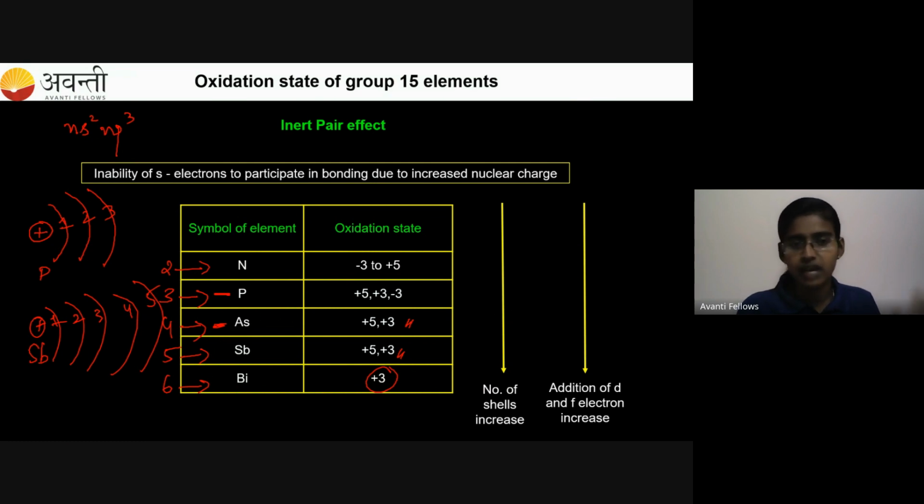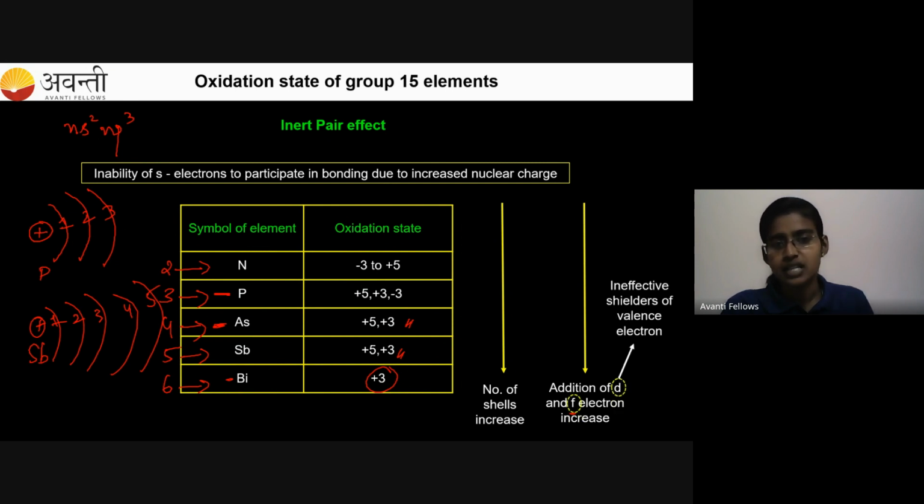There we do not have d orbitals at all. Okay. And coming to antimony and bismuth, we will have f electrons also. Now, these d electrons and f electrons which are there inside, for arsenic, antimony and bismuth, they are ineffective shielders.